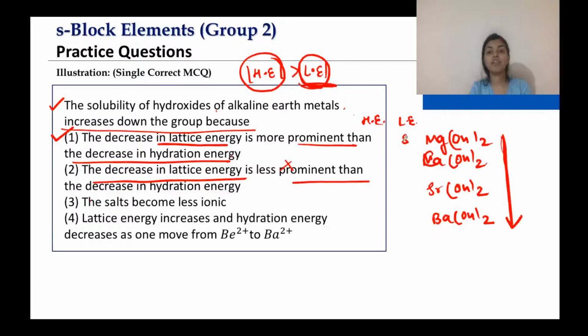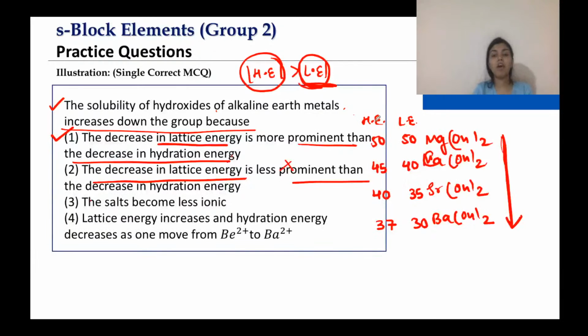Let us say I am taking any arbitrary value here. Lattice energy was 50 here, hydration energy was 50 here, right? Lattice energy became 40, hydration energy became 45. Lattice energy became 35, hydration energy became 40. Lattice energy became 30 and hydration energy became 37, let us say.